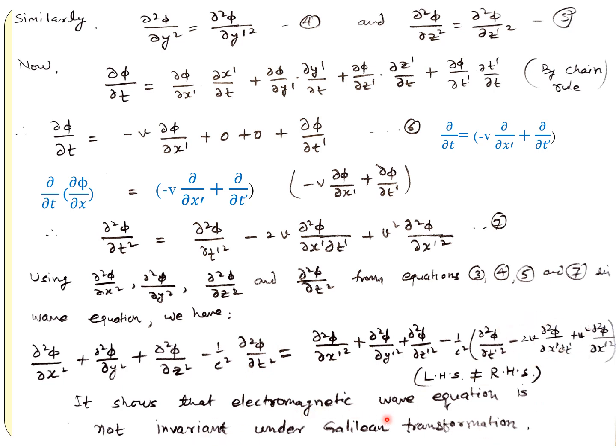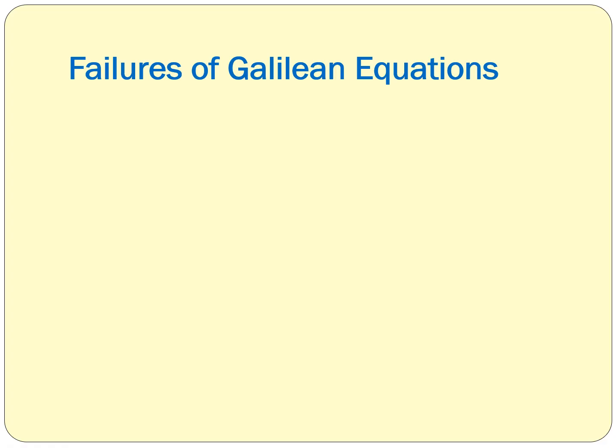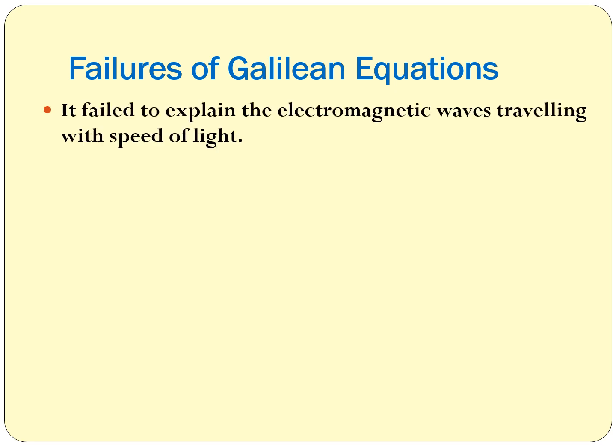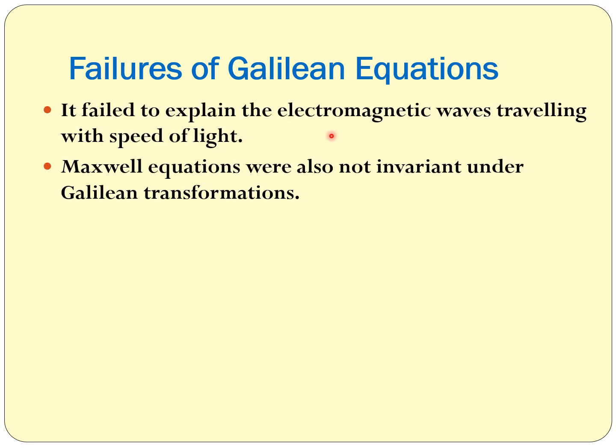That's why we can say that this electromagnetic wave equation is not invariant under the Galilean transformation. So there was some problem with the Galilean transformation equations, and there were some reasons for their failure: they failed to explain electromagnetic waves traveling with the speed of light, like we have seen in the last question, that electromagnetic waves do not follow the Galilean transformation equations.